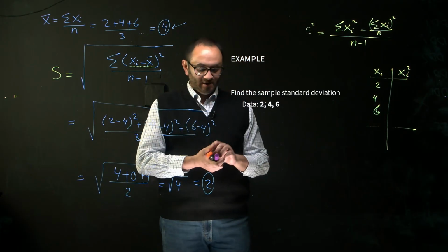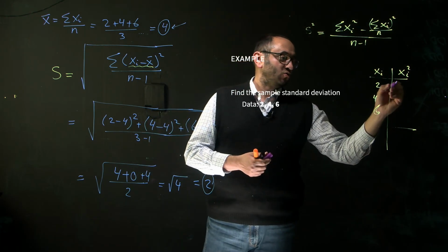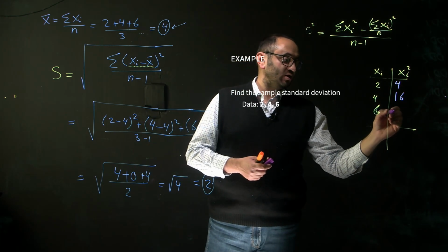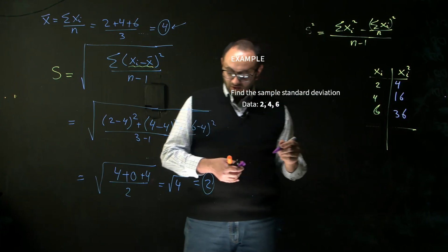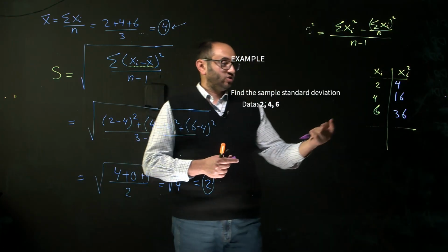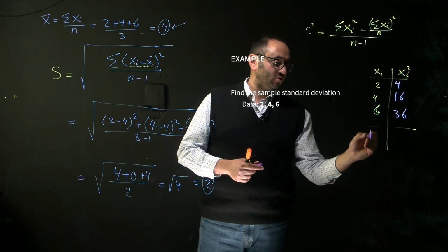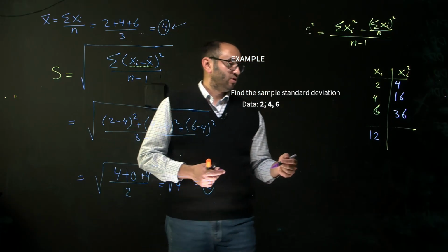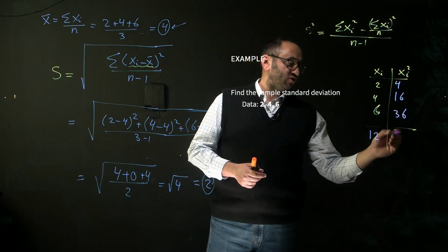So 2 square is 4. 4 square is 16. 6 squared is 36. Then we create the sum of each column. The sum of this column is 12, and the sum of the second column is 4 plus 16 plus 36, which is 56.